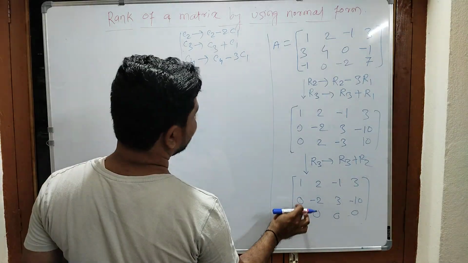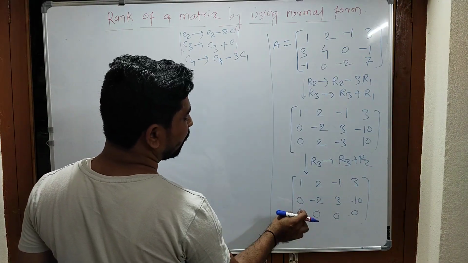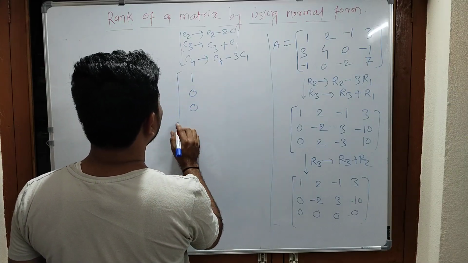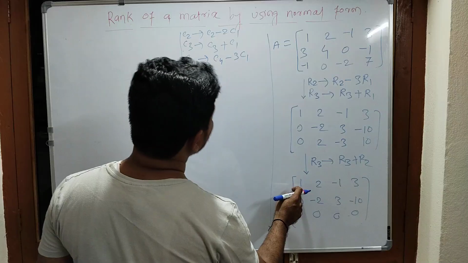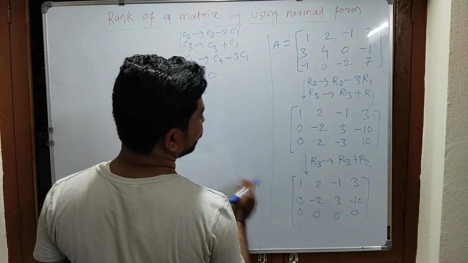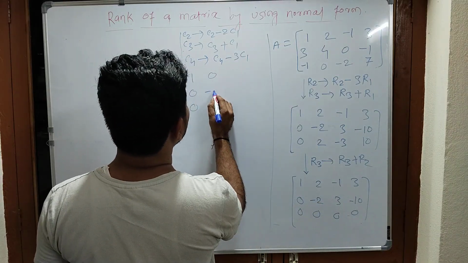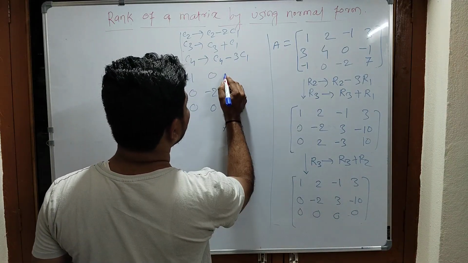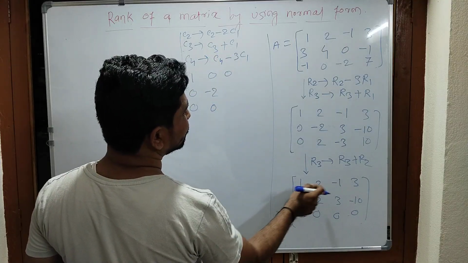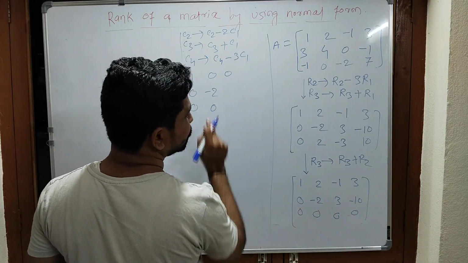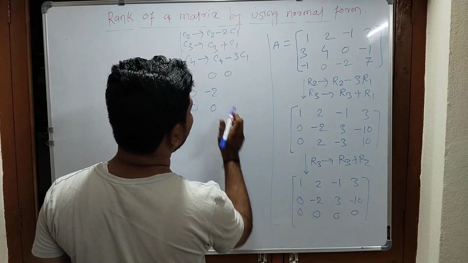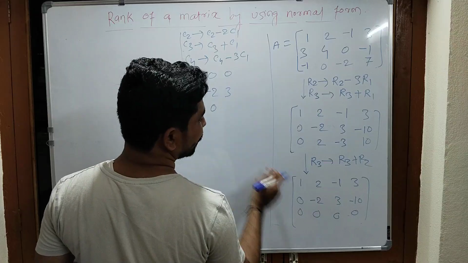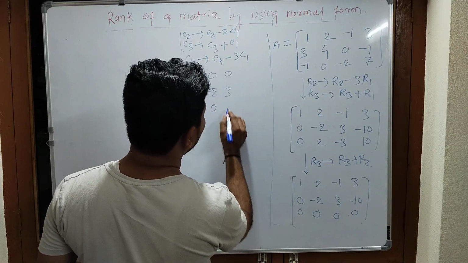Here I am applying column operations. The first column is as it is, 1 0 0. Now the second column, C2 minus 2 times C1: 2 minus 2 is 0, minus 2 minus 0 is minus 2, and 0. For C3 plus C1: minus 1 plus 1 is 0, 3 plus 0 is 3, and 0.